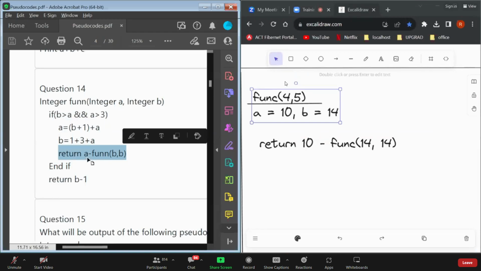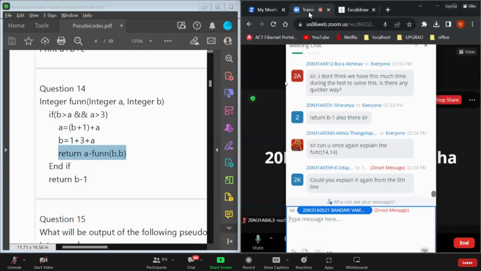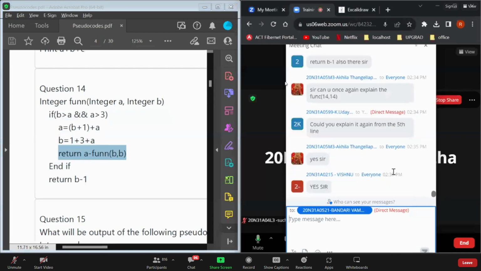So whenever a return is executed, the function will stop execution. Return means the function execution is completed. So it will not proceed further. It will stop there. So till here, did you understand 10 minus function of 14 comma 14? We'll calculate the value of 14 comma 14 later. But there, did you understand? Yes, I need more responses.